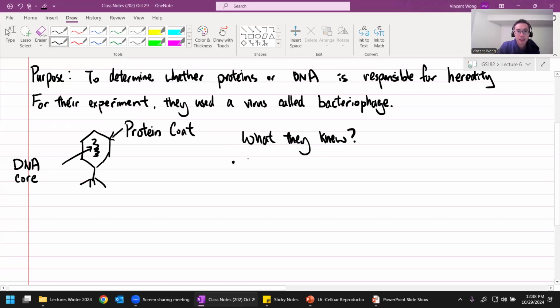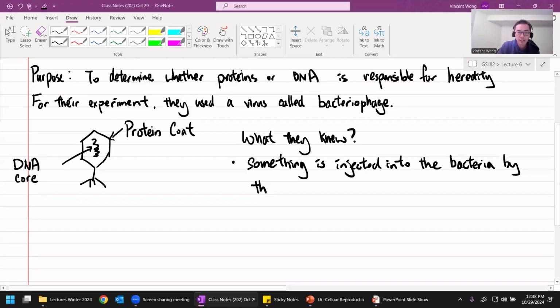Well, they understood that something is injected into the bacteria by the viruses.